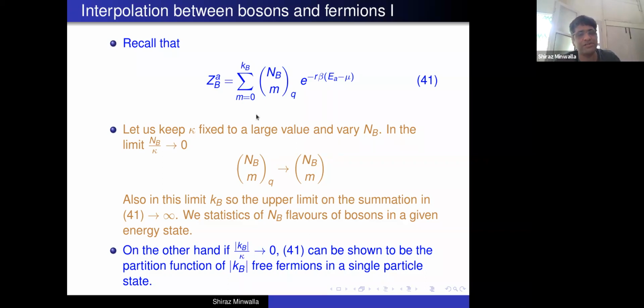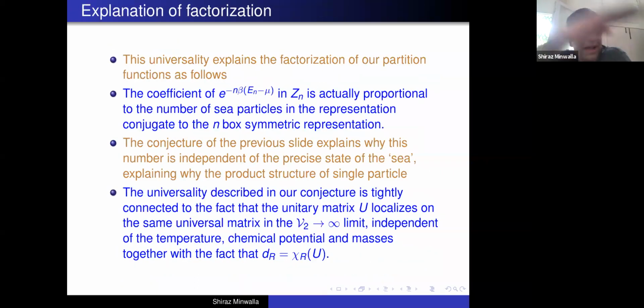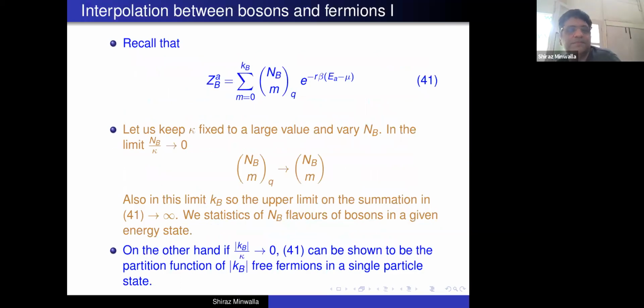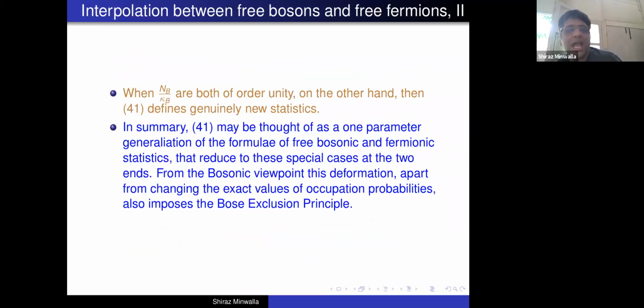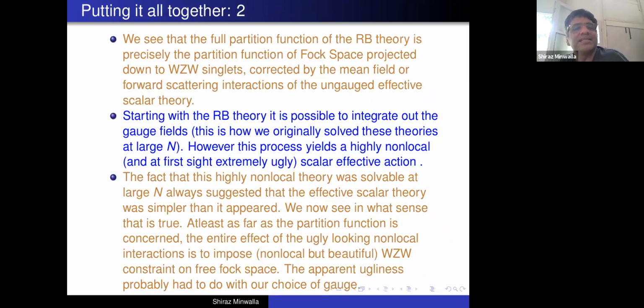In fact, it is a partition function of N_B free bosons in one case, and of K_B free fermions in the other. In the middle, it's neither. So this single particle partition function defines a new statistics, one that interpolates between free boson and free fermion statistics. It's a one parameter deformation that interpolates between the two. Okay, fine. Let me just skip the rest.